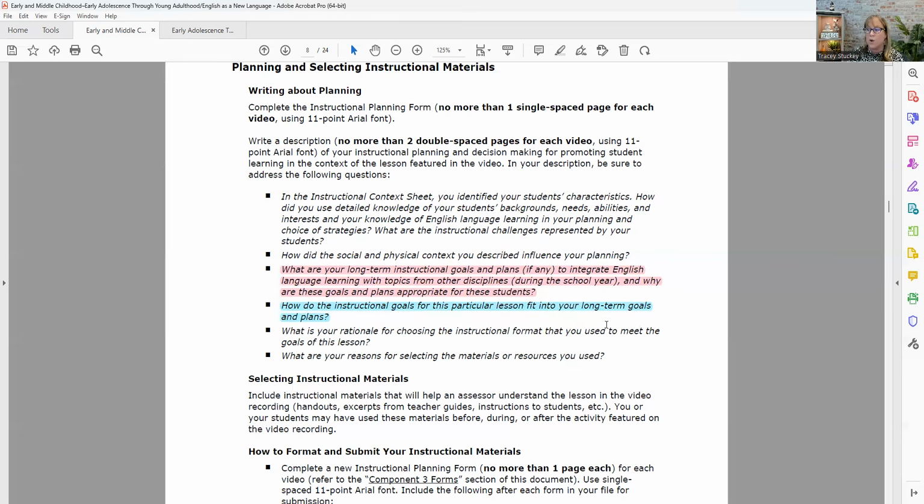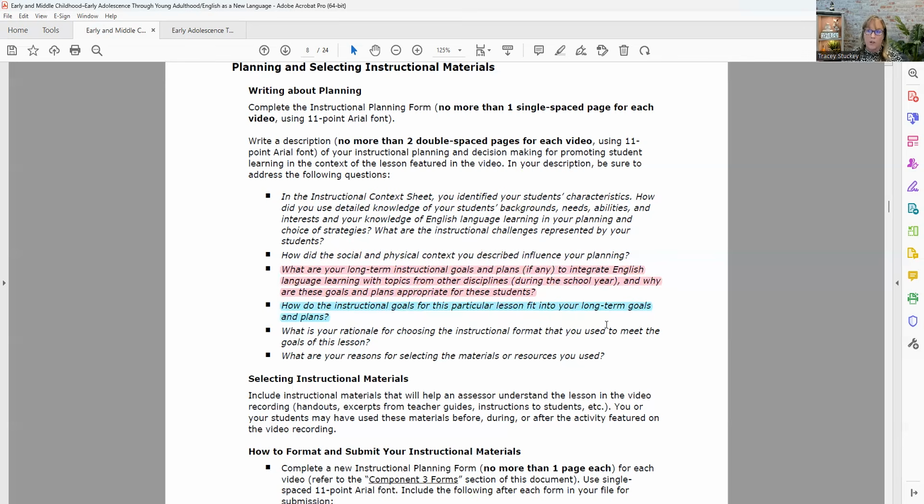And why are these goals and plans appropriate for these students? So each video, you're going to answer this question for. So let's think about long-term instructional goals and plans with topics, and in this case, it's from other disciplines. It is this for most of you. And why are these goals and plans appropriate for these students?